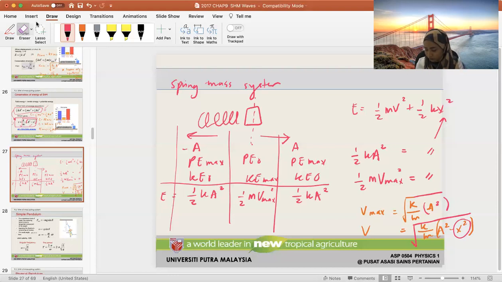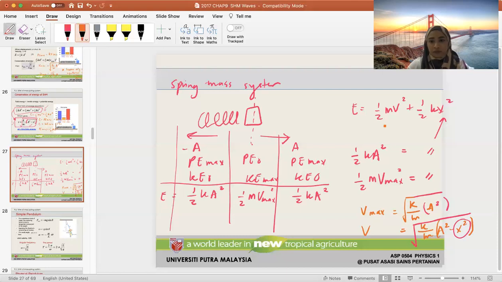But can the final situation be when the spring reaches the equilibrium back? That means PE is 0 and KE max, so the equation equals 1/2 mv max squared. Can we do that?